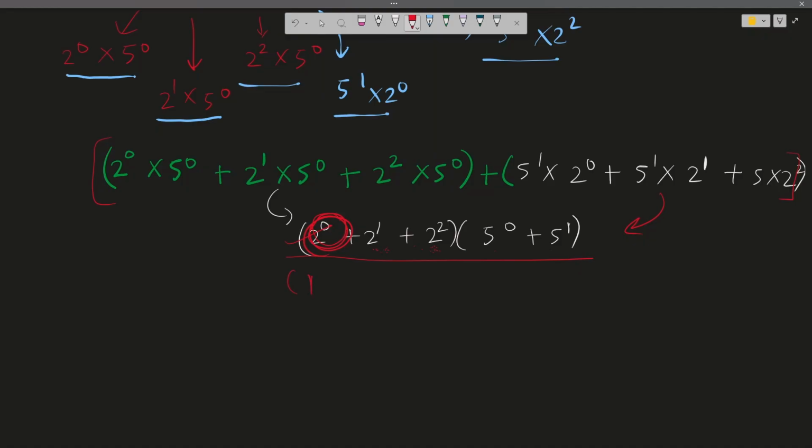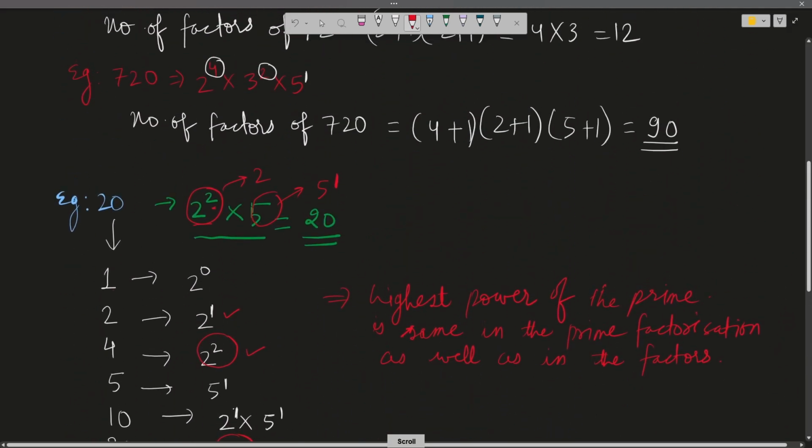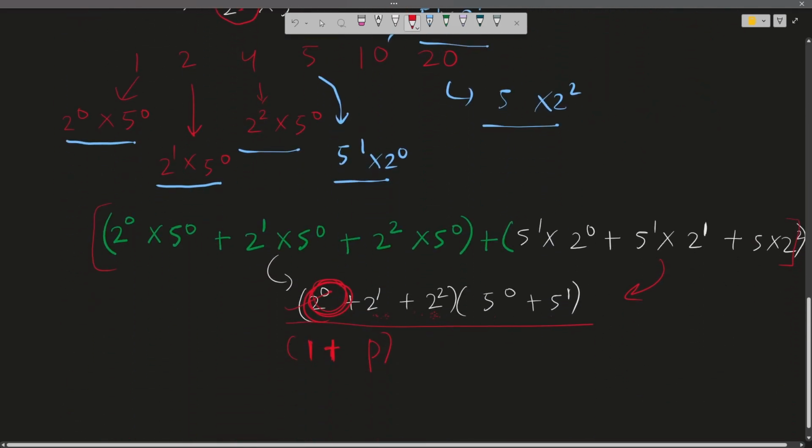So I can say it could be 1 plus 2 plus 2 squared, up to p. What is p? The p is the power of the prime number, which is 2 in the case of 2.